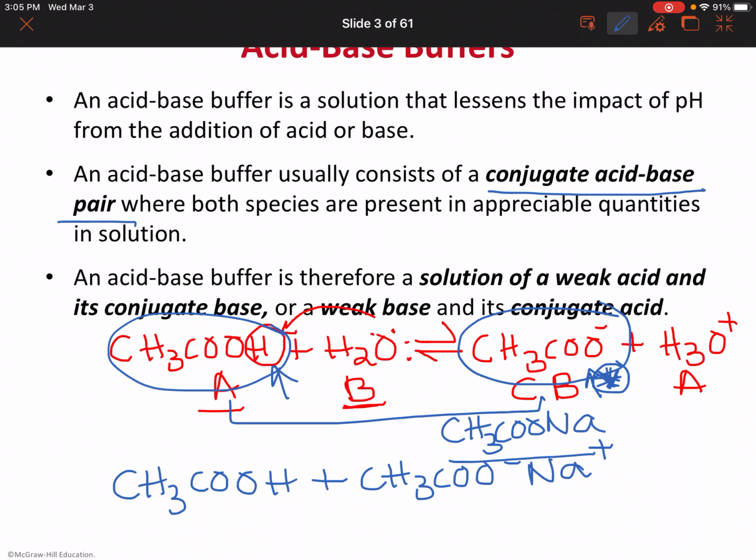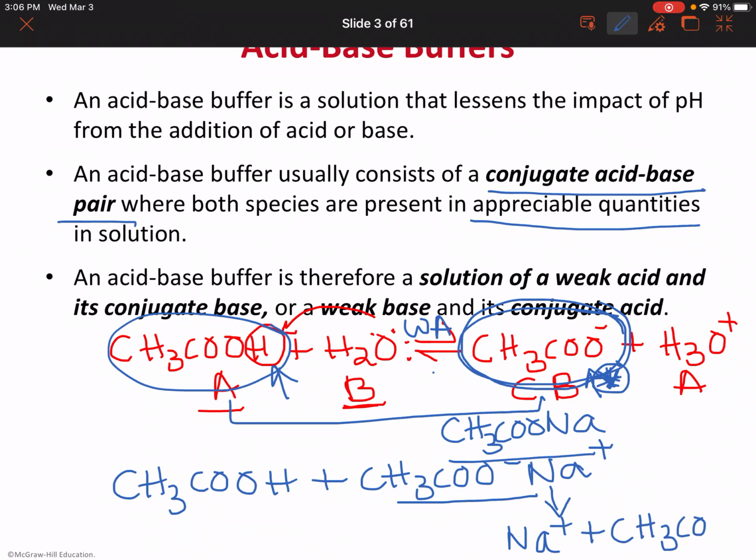So why sodium acetate? Remember, since this is a weak acid, the dissociation is very small, right? Ka is a low number, so the amount of acetate ion we get from the dissociation of the acetic acid is very small. But if you add sodium acetate to the system, we have appreciable quantities. We need to have both of these in appreciable quantities. Since sodium acetate is a salt, it's going to dissociate into ions, sodium ion and acetate ion.